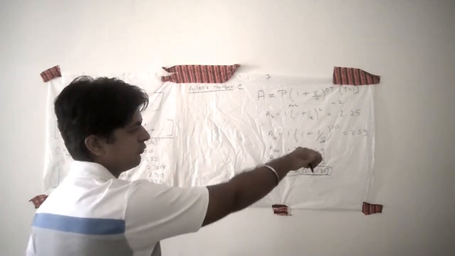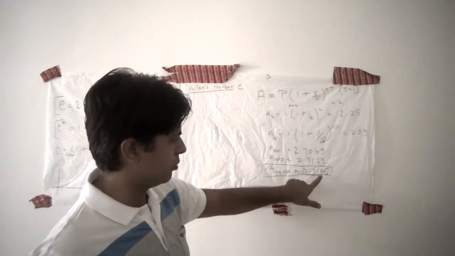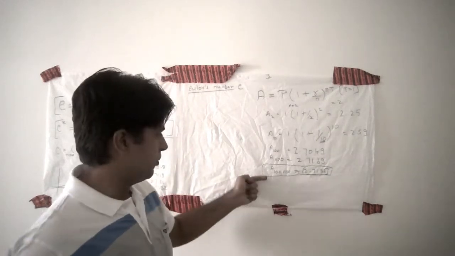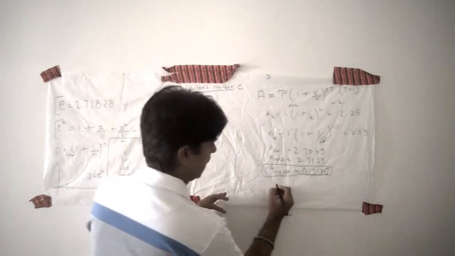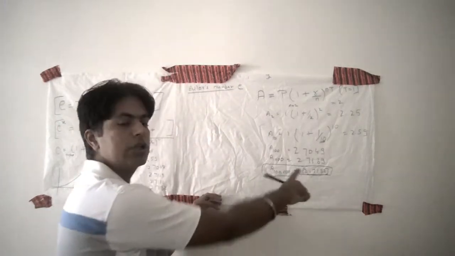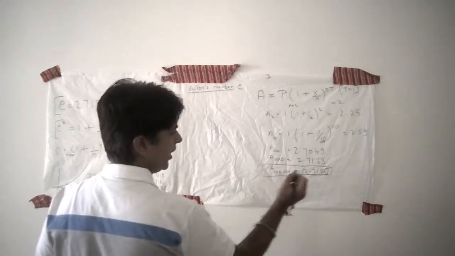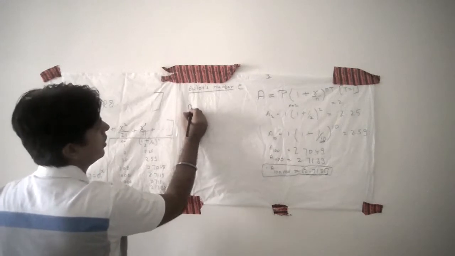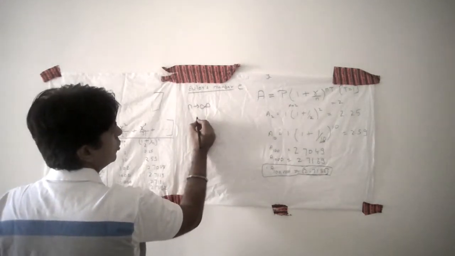And this amount will keep on increasing, maybe at a very slower growth rate from here on, if you keep on increasing this number, but this won't have any end. And I can say if my n tends to infinity, what would be my amount?